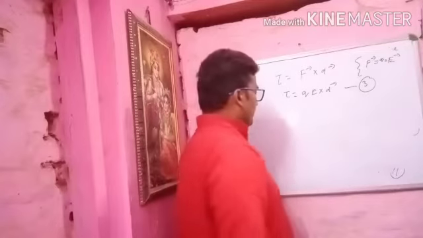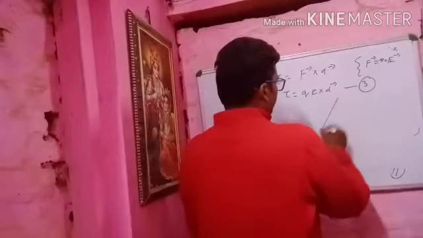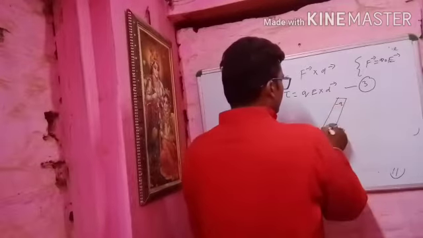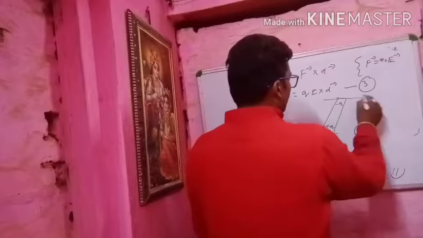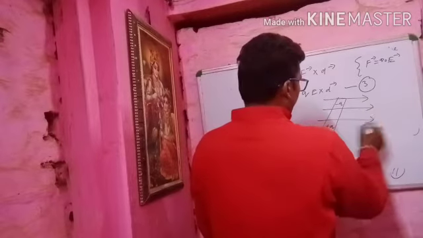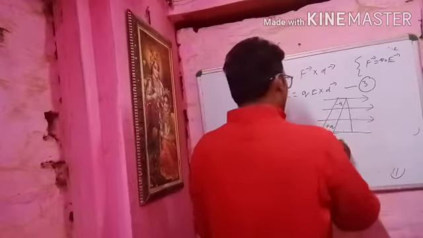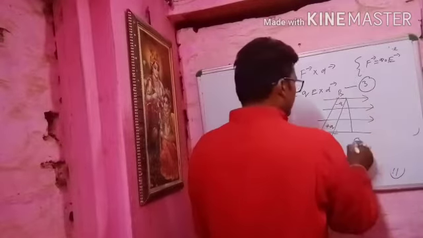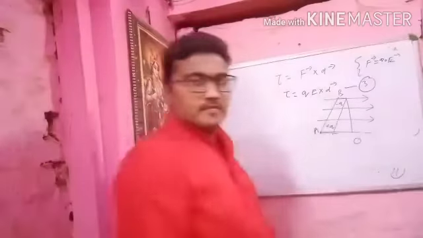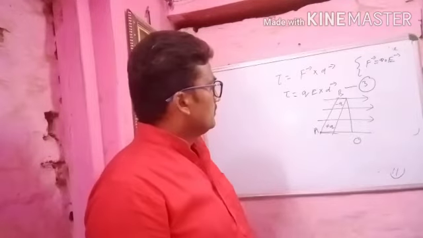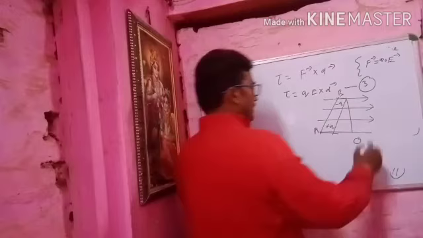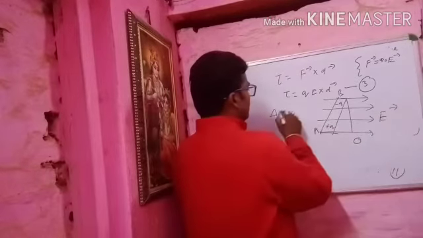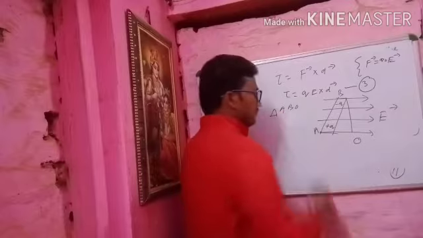But we observe in the figure once again that the dipole is placed in the electric field and forms an angle theta. Observe the figure, triangle OAB.